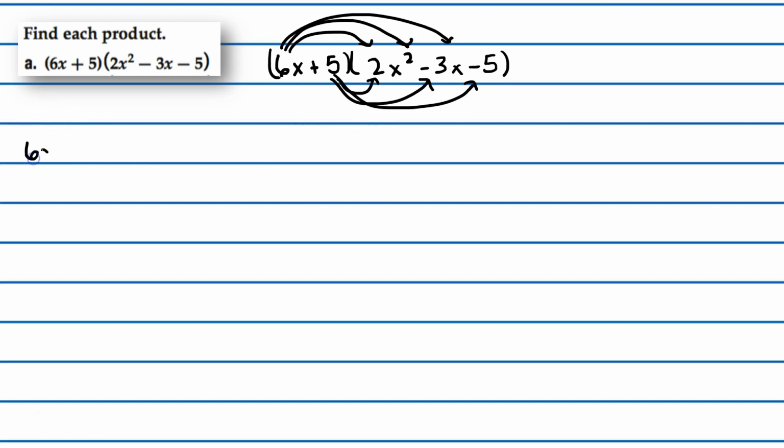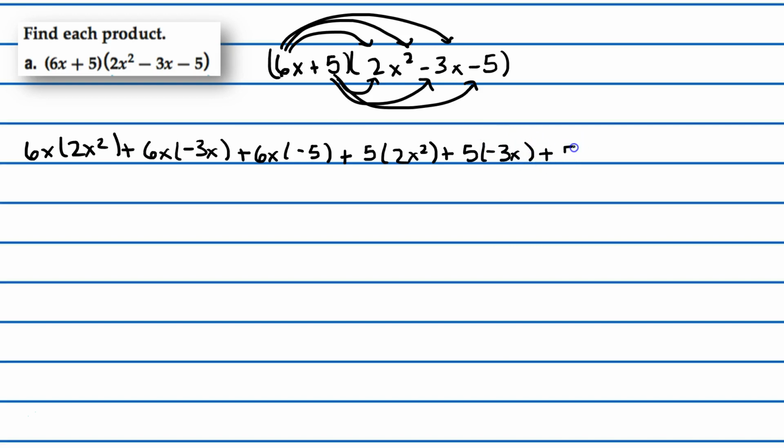Alright, so we have 6x times 2x squared plus 6x times negative 3x plus 6x times negative 5. Then we have 5 times 2x squared plus 5 times negative 3x plus 5 times negative 5.